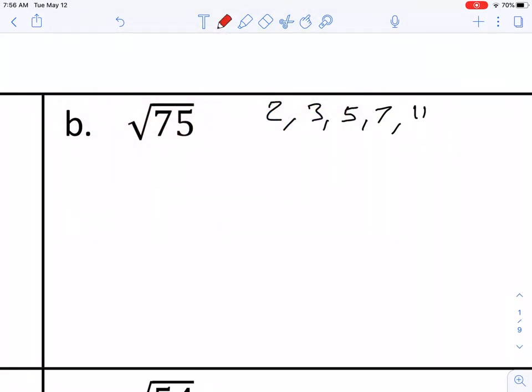And you could break it down this way, but I'm going to go systematic again. So I'm going to use a factor tree here. Can 75 be divided by 2? It cannot. Can 75 be divided by 3? It can. 3 and 25. Think about if you have 3 quarters, 75 cents. And then can 25 be broken down with a 3? It cannot. It can be broken down with a 5 though. 5 and 5.